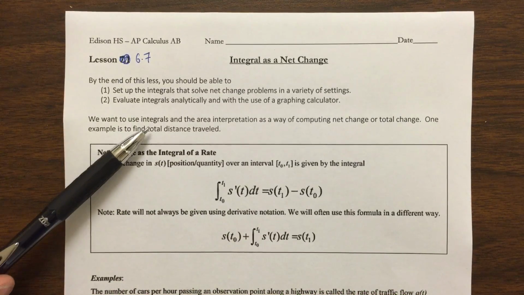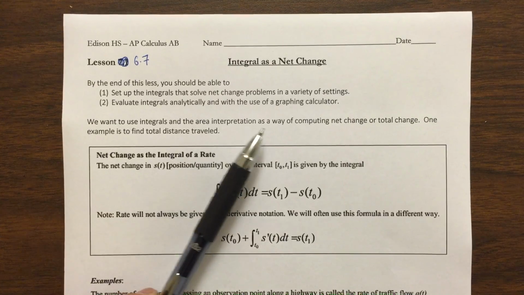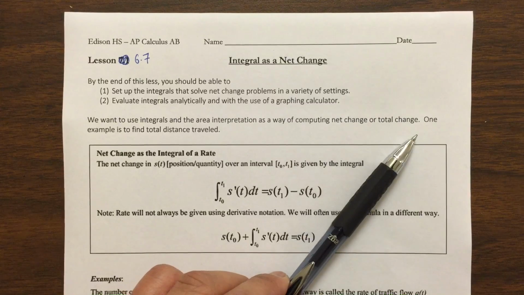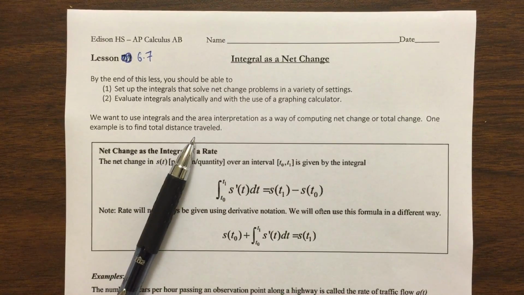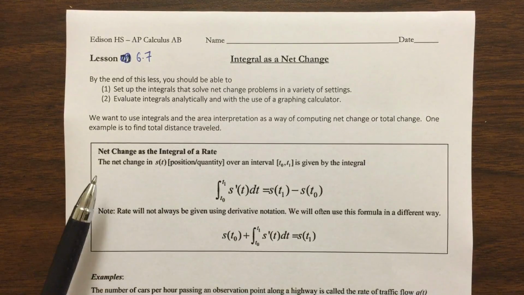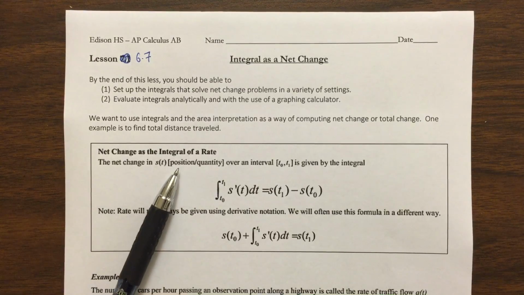We want to use integral and the area interpretation as a way of computing the net change or the total change. One example is to find the total distance traveled, and that could be represented by an integral. So first, the net change of a position function.